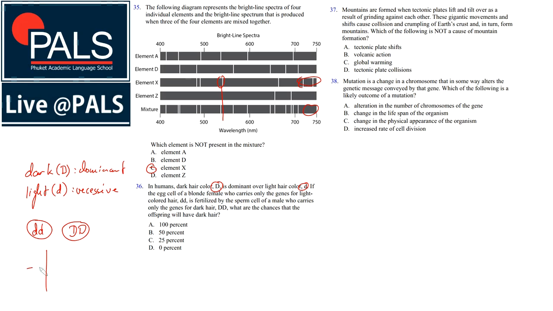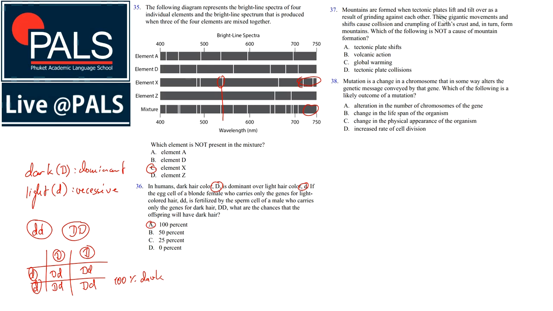We can make a Punnett square for this. We put the gametes of one parent on top and the gametes of the other parent on the side, and we can see that all outcomes will be heterozygous, big D, small d, and that combination is 100% dark hair. So the correct answer is A.